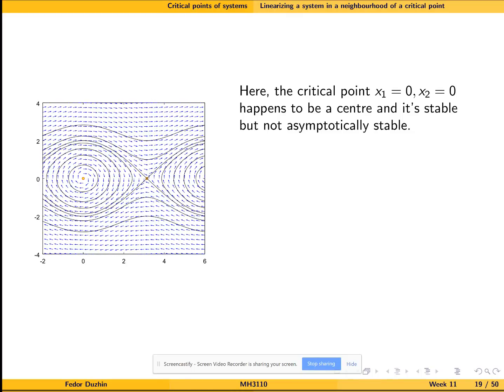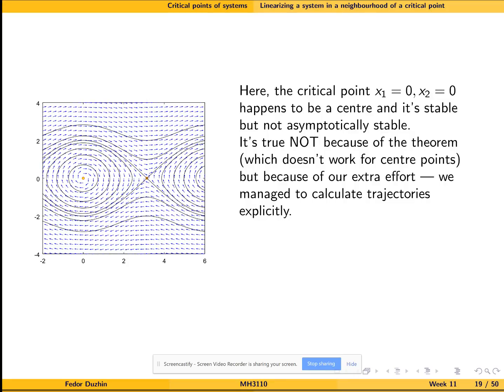Notice that here we actually know that the critical point 0, 0 happens to be a center point. It's just that it's not because of the theorem that we just learned, but because we managed to compute trajectories in the last lecture. And we plotted the phase portrait, and we saw that trajectories encircle the critical point, which means it is a center point.